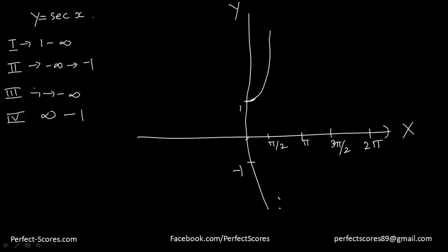In the third quadrant, it's going from -1 to negative infinity. And in the fourth quadrant, it's going from infinity to 1. Right? So in the fourth quadrant, it's starting at infinity, but it is reaching 1.